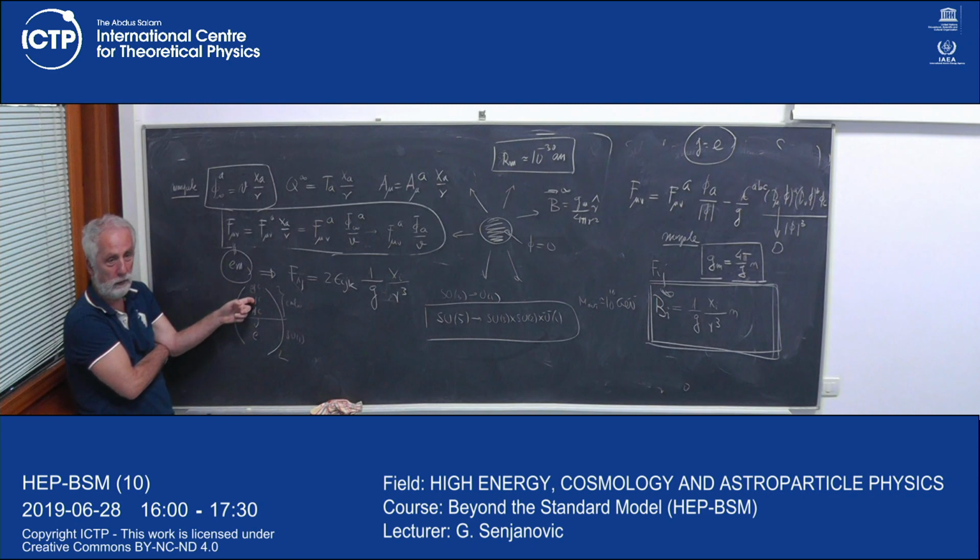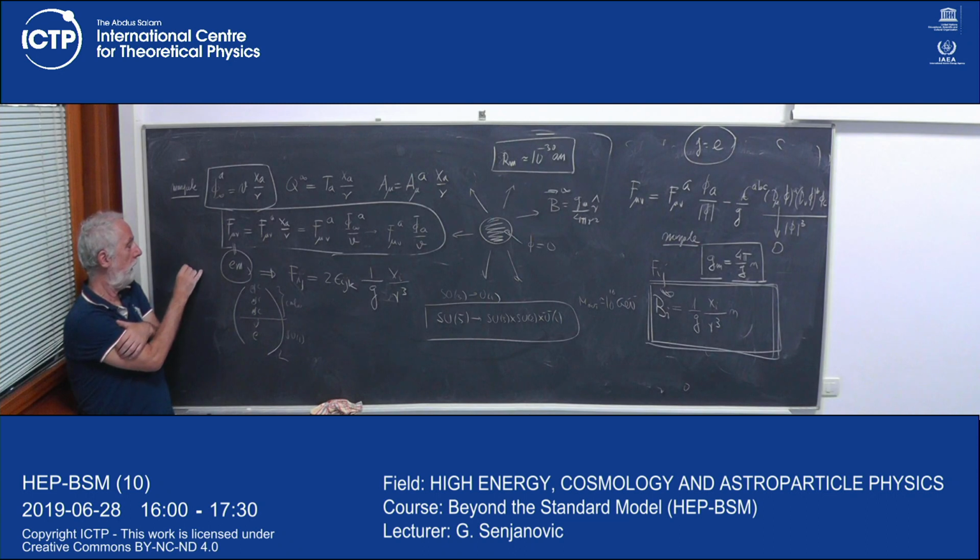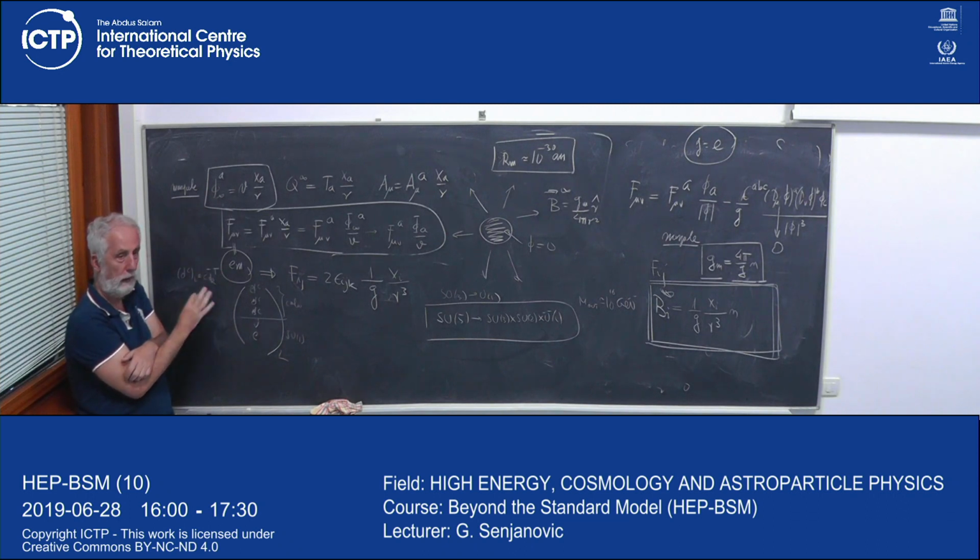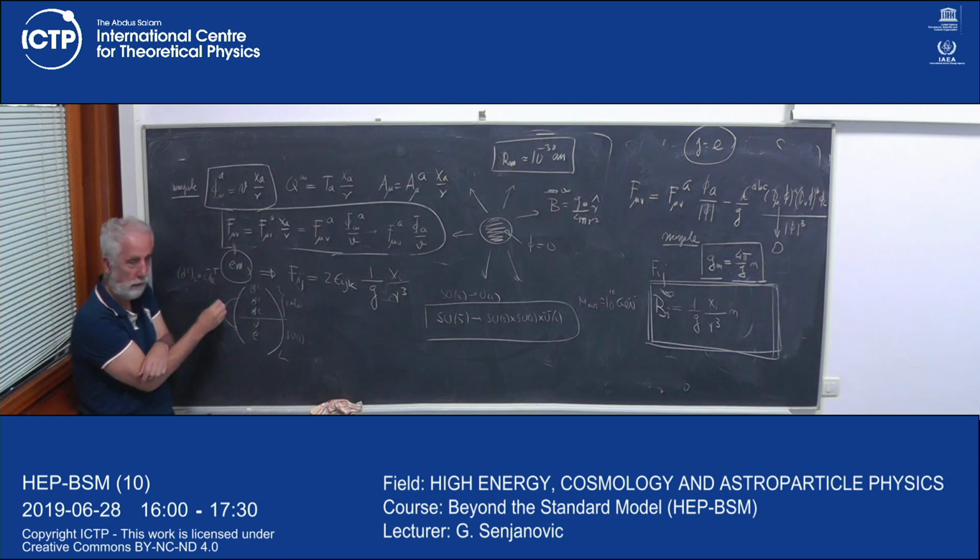This is a right-handed quark, remember? Because this is an anti-quark. Left-handed, right? DCL is CDR bar transpose. Particle and anti-particle change chirality. Yet in SU5 this guy has an interaction.